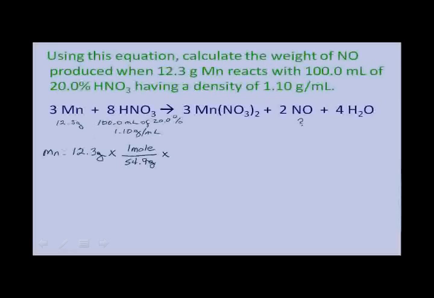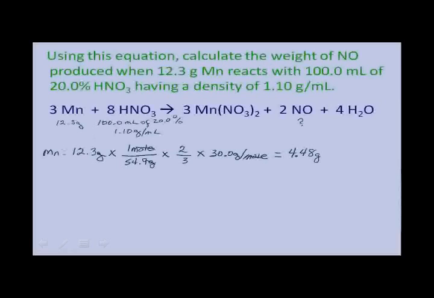To find nitric oxide, I use my stoichiometric coefficient of 2/3, that gets me to moles of nitric oxide, times 30 grams per mole. Moles cancel, and I find this comes out to be 4.48 grams of nitric oxide, if manganese is my limiting reagent.